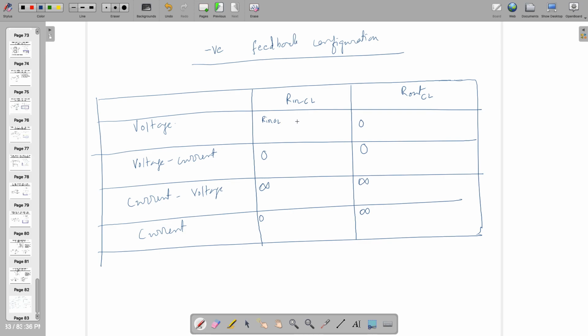The improvement can be done by multiplying with some number, which is always the loop gain, where A0 has a unit of volts. In this case, if I want to decrease the overall resistance, I need to make sure that it's getting divided by the loop gain, so that it will give you a better output.